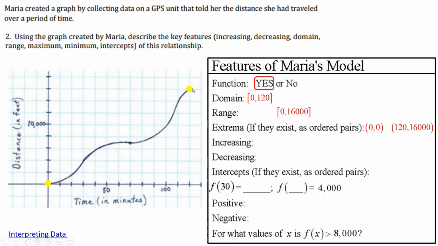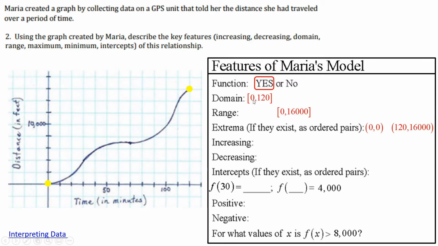16,000. Now, when is this function increasing? It looks to me like it's increasing throughout its entire domain. It might be slightly horizontal right there, but again, she did this by hand. So we're going to assume it was just like, bam, right there just for an instant and then continue to increase. So we're going to call this increasing throughout its entire domain, which means I just list my x values again in interval notation.